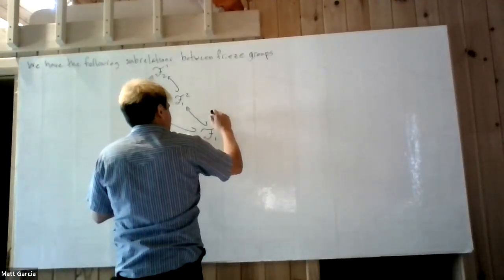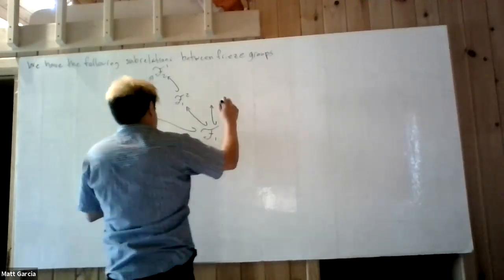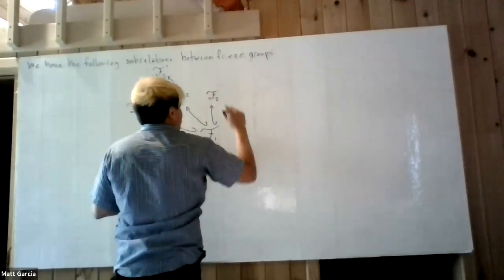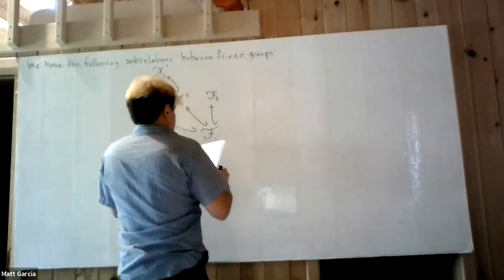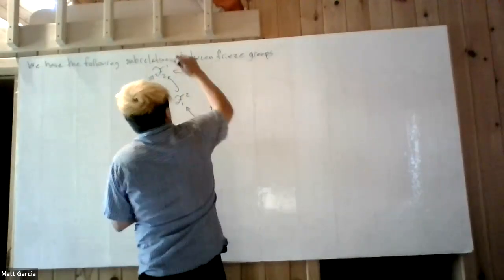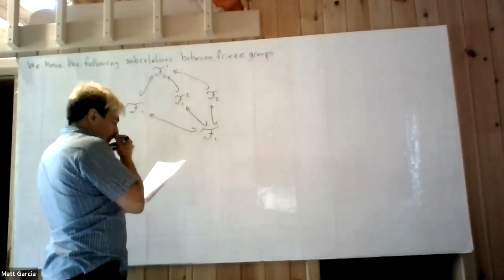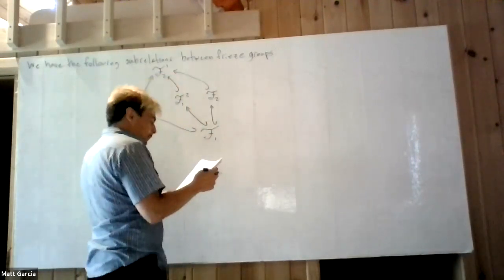Furthermore, F1 is a subgroup of F2. And F2 is also a subgroup of F21. Now, what else is F1 a subgroup of?